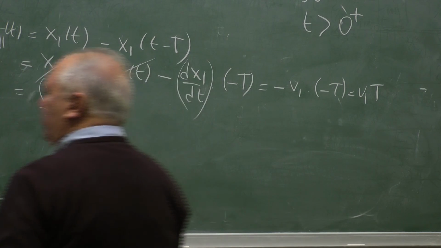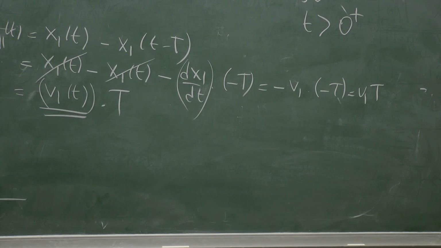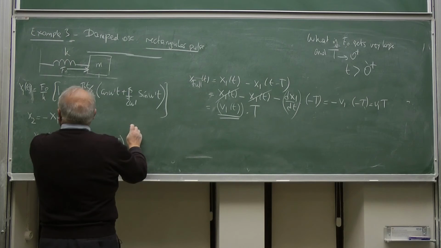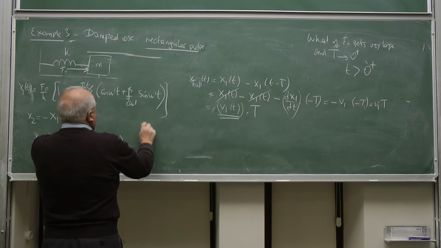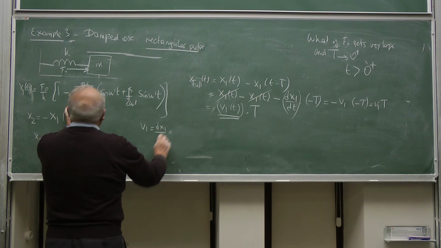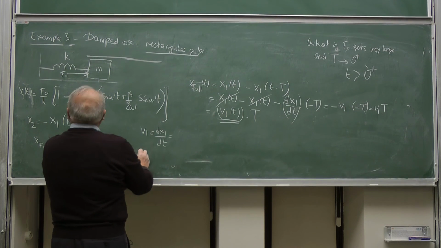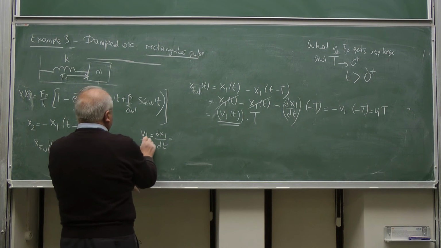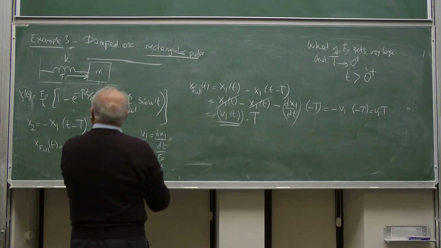So let's compute v1, which is the derivative of x1. So v1 is equal to dx1/dt, and let me divide by f0 over k, which I can multiply later.